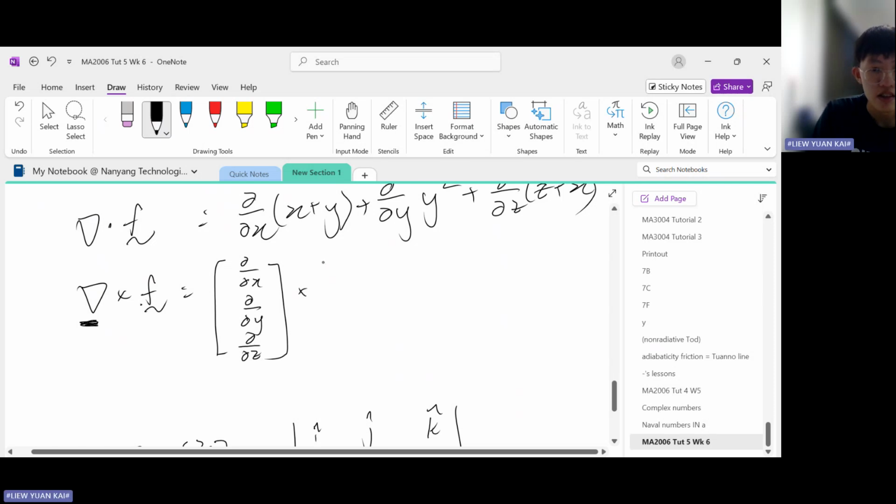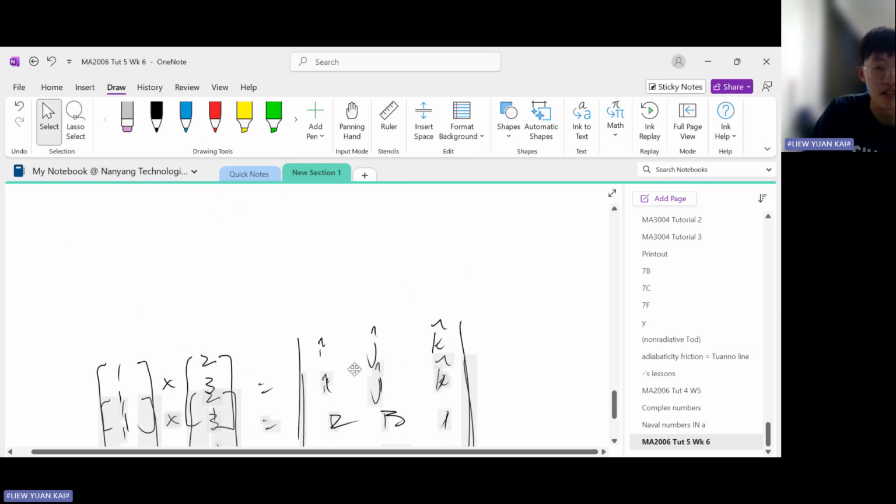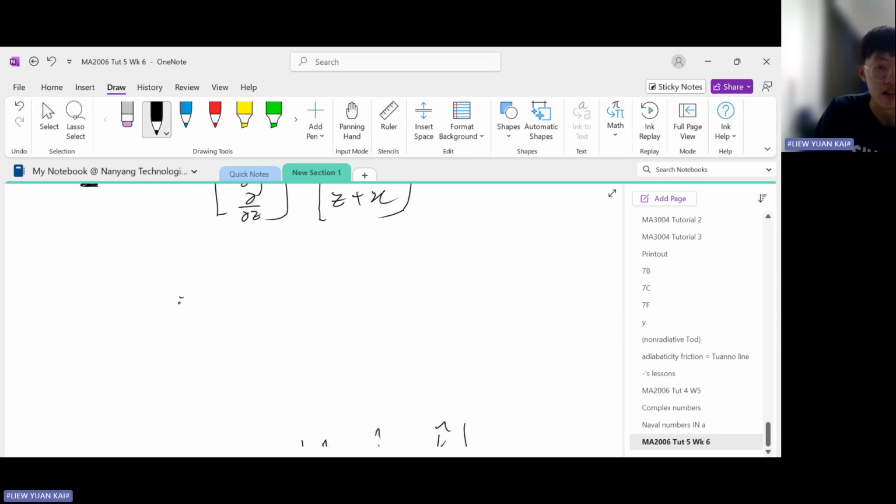Then cross, remember we have already defined f to be, this is the x component, this is the y component, and this is the z component. So just like normal cross product between vectors like this, to find the nabla cross f, you find the determinant of i, j, k.